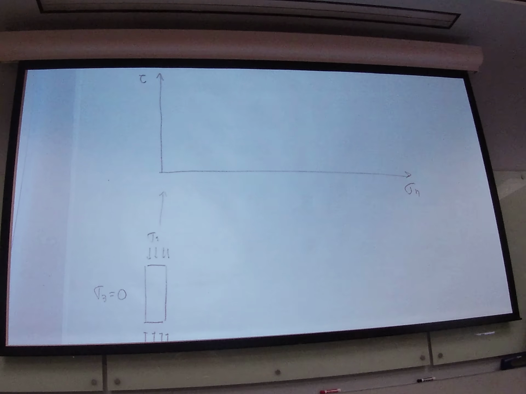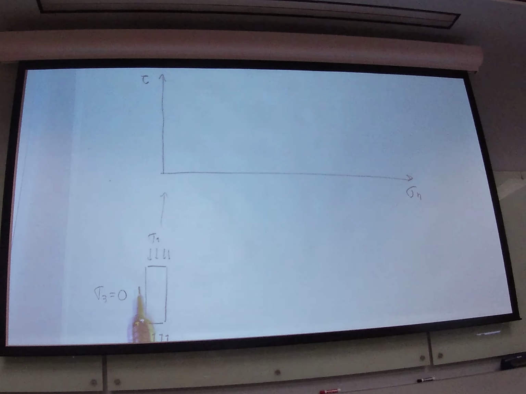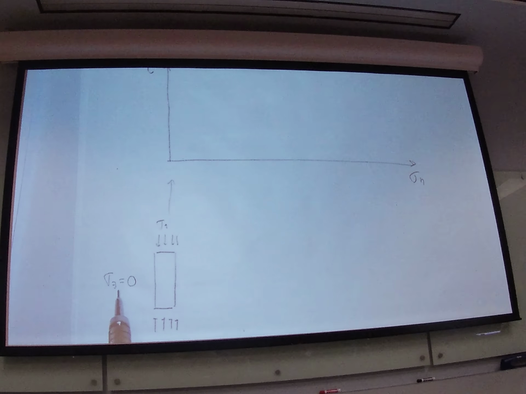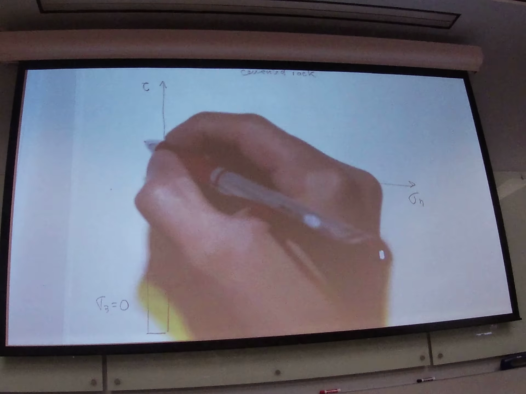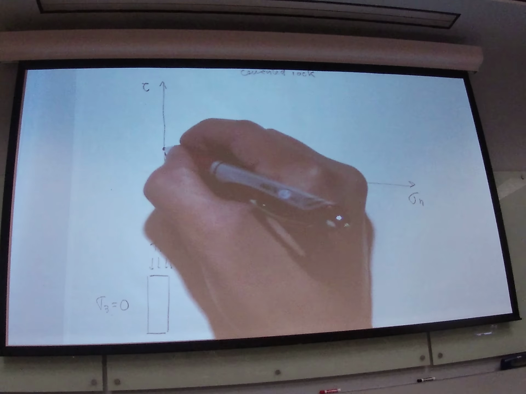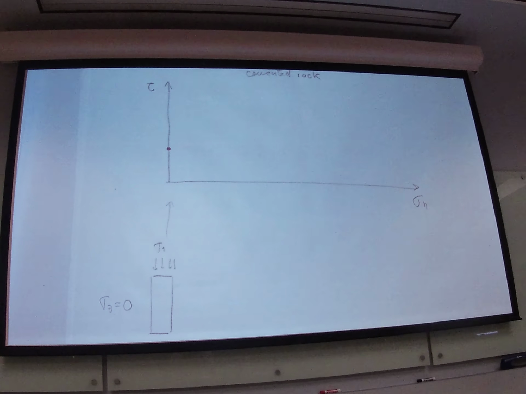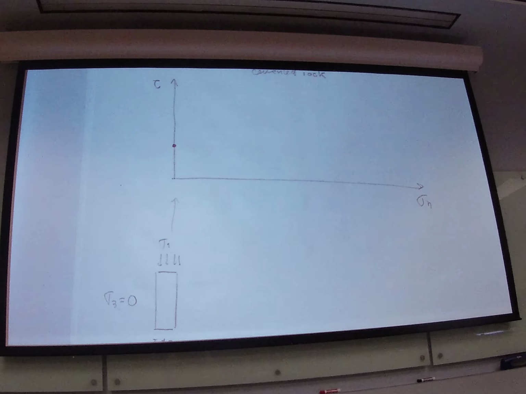The unconfined what? And is the unconfined compression strength equal to 0 for the cemented rock or not? If it's cemented, it's not going to be 0. So even if we have sigma 3 in this case equal to 0 for a cemented material, we can apply a load which is not 0.